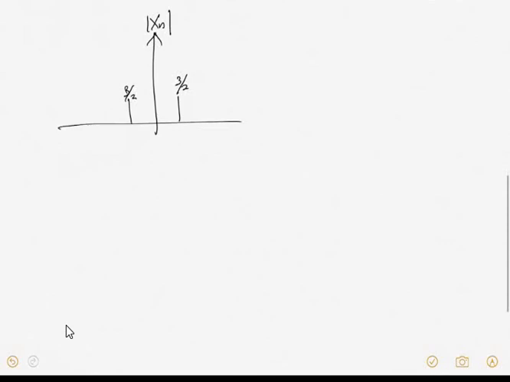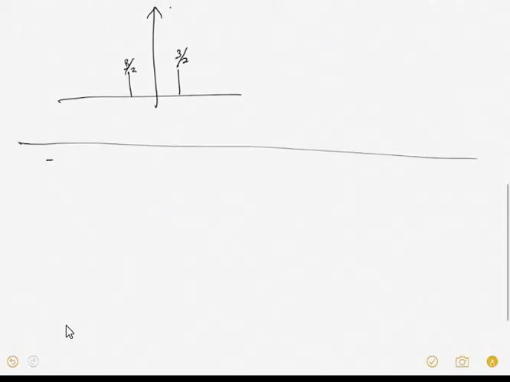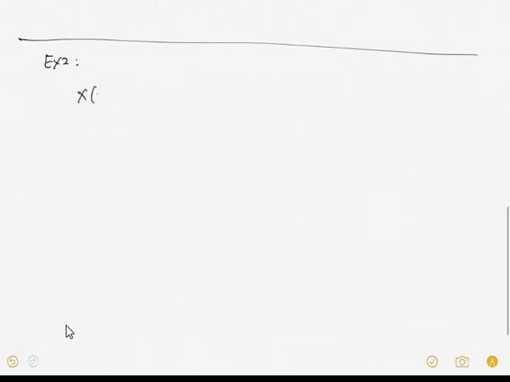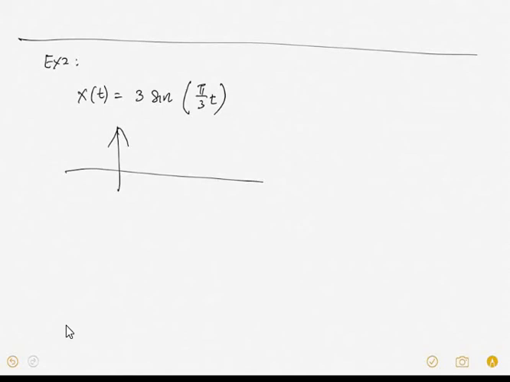Then look at the second example. If my x(t) is equal to 3 sine(pi over 3 t), what is the Fourier series coefficient? Sine is an odd signal.